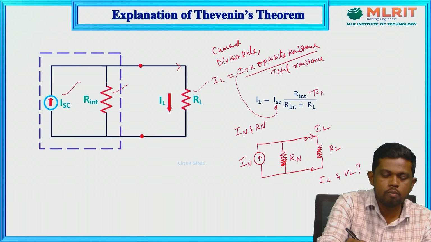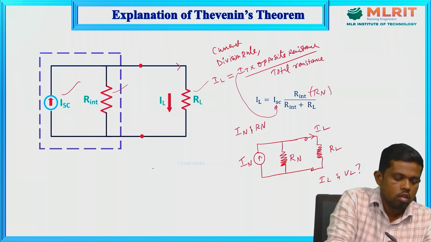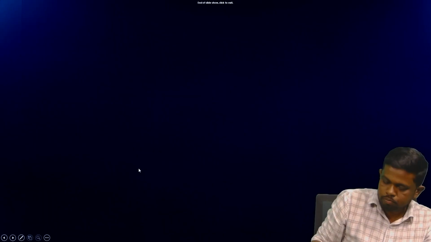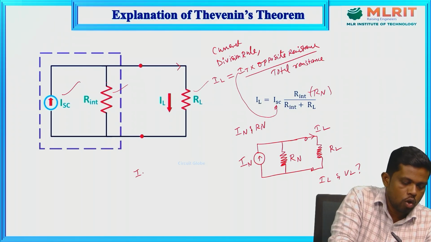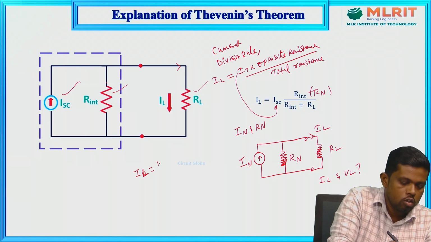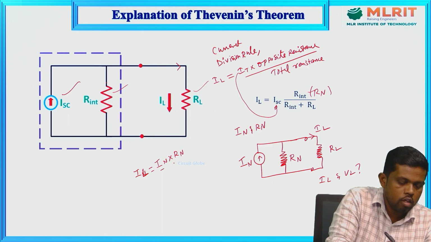We can also say it is R Norton divided by R Norton plus RL. So we need to rewrite that one. That is IN equal to IL equal to IN into RN divided by RN plus RL.